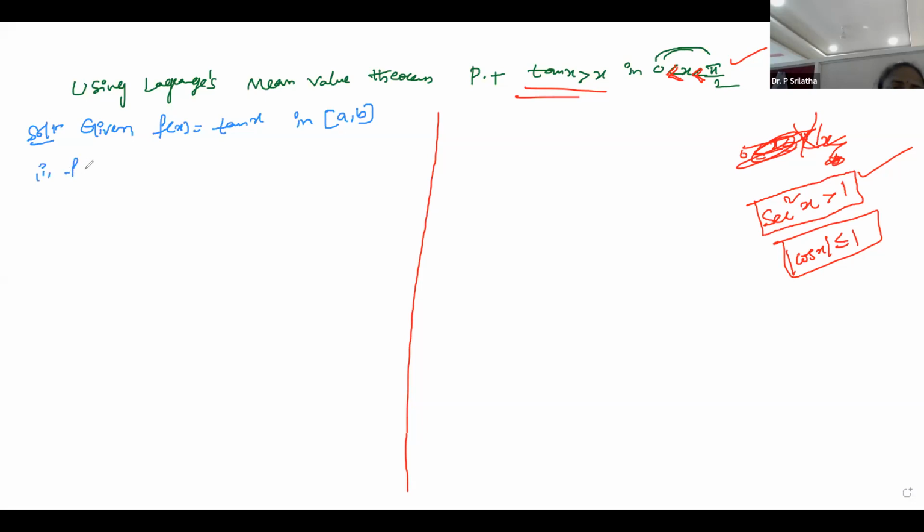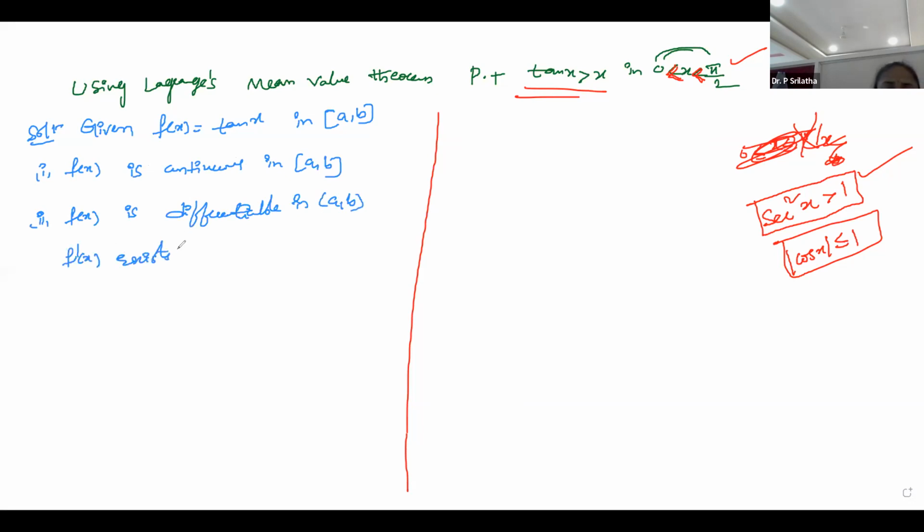We know that f of x is continuous in the closed interval a comma b, and second, f of x is differentiable in the open interval a comma b. That means f dash of x exists in the open interval a comma b.